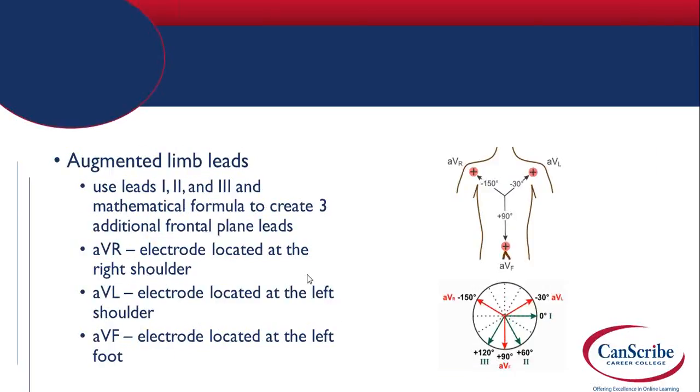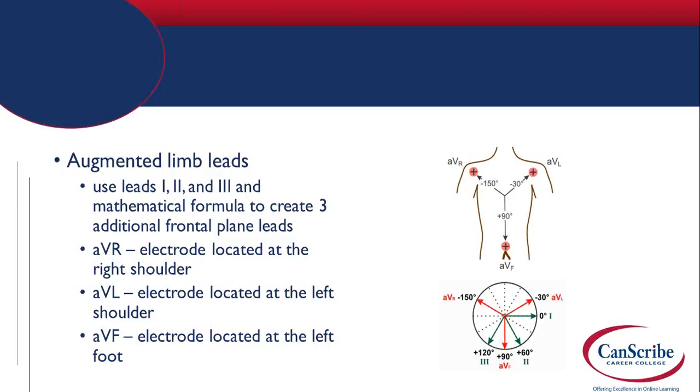So the augmented limb leads basically just use leads I, II, and III, and then they have that mathematical formula, which was that triangle thing, and it creates the information for the augmented limb leads. So the augmented limb leads are abbreviated as lowercase a and then uppercase VR, VL, and VF.